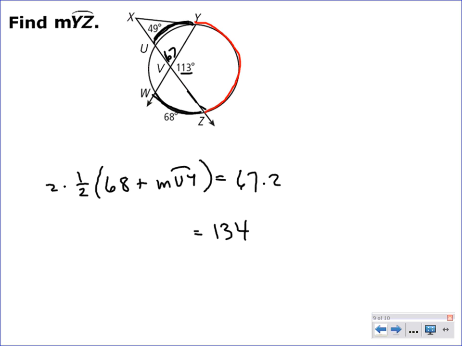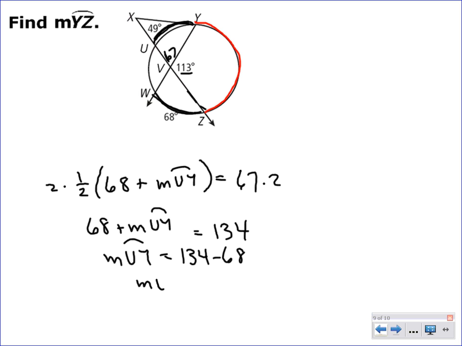So that gives me 134. So 68 plus the measure of UY is 134. Measure of UY equals 134 minus 68, and we get 66. That should be fairly obvious to us. If we had 66 and 68 and we divide it by 2, we get right in the middle there, 67.